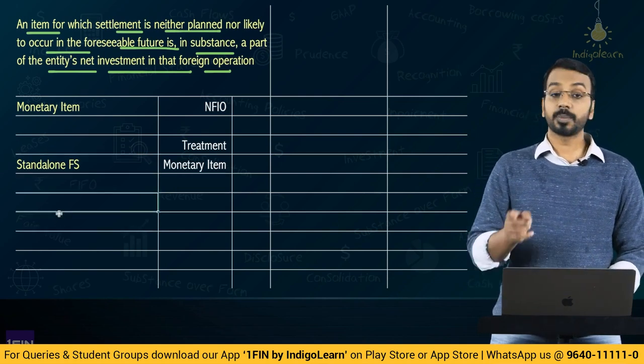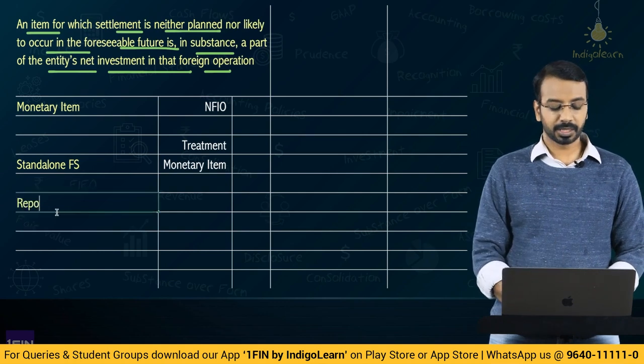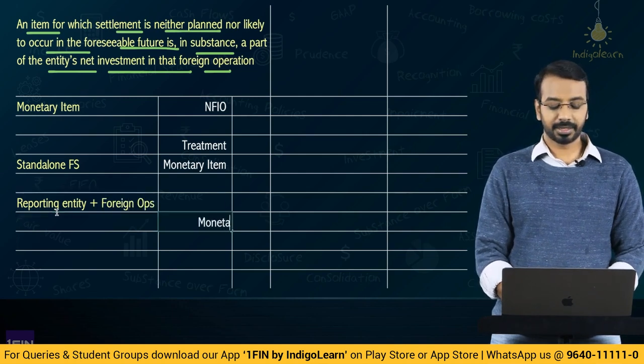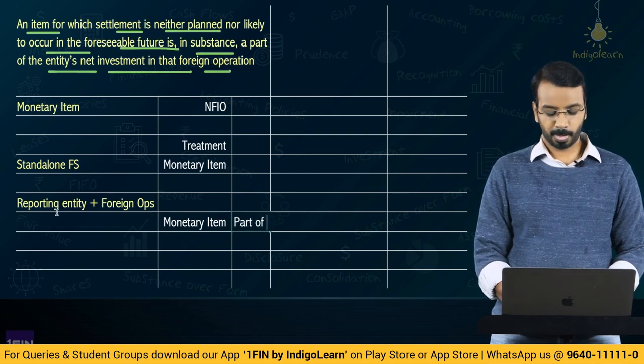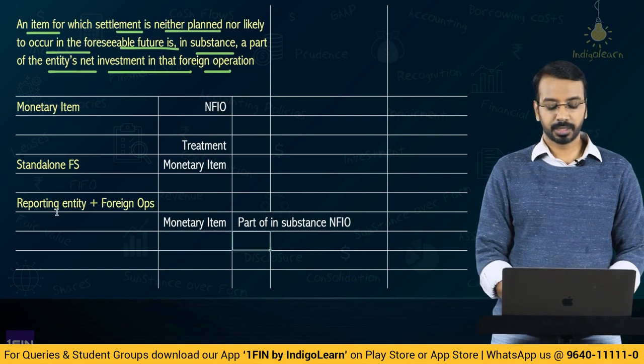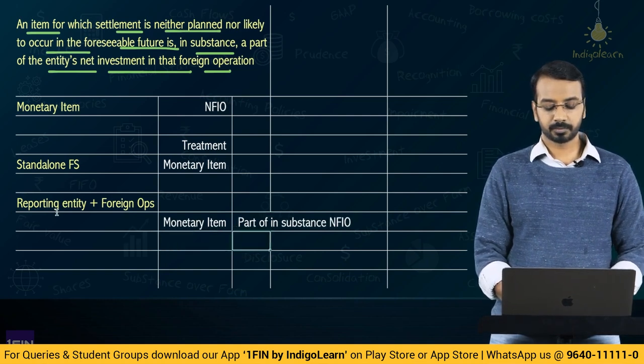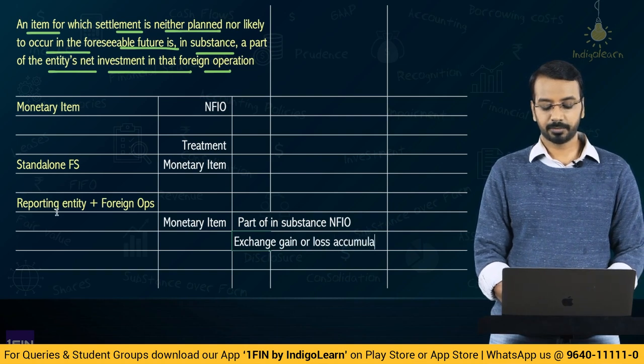But if you are preparing a financial statement of the reporting entity plus the foreign operation, then in that case, monetary items which are a part of, in substance, NFIO, exchange gain or loss will be accumulated in OCI.